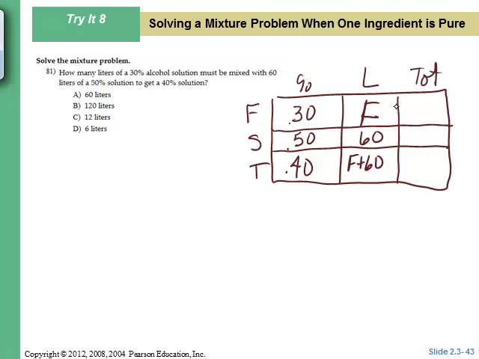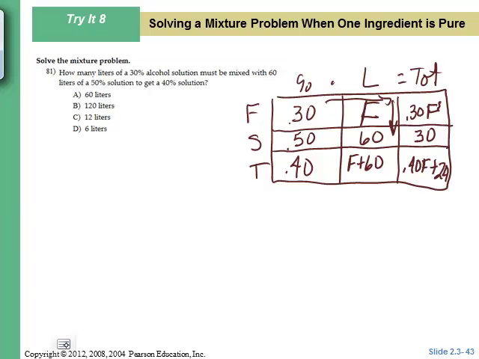We add this one. We're going to multiply this way. So this is 0.30F. 60 times 0.5 is 30. And this will be 0.40F plus 60 times 0.4 is 24.